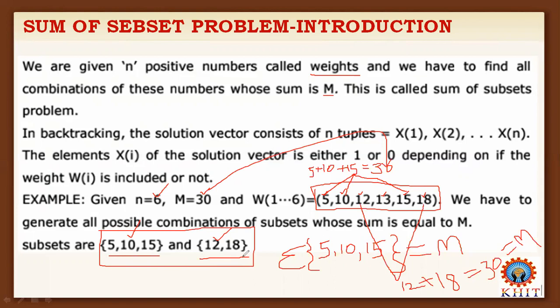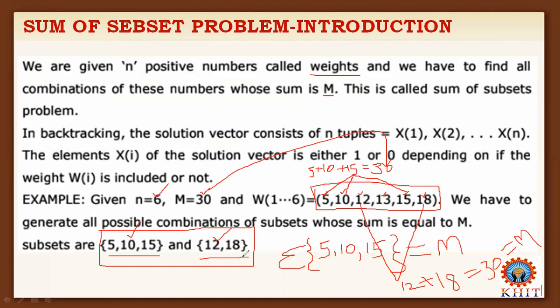Friends, in this way, you can identify all possible solutions from the given set. But here, you need to solve the problem by applying the concept of backtracking. If you want to apply the backtracking technique, you can construct a tree known as a state space tree.